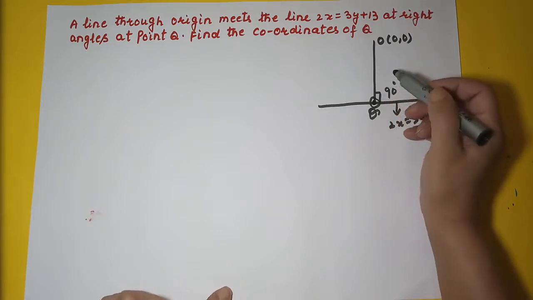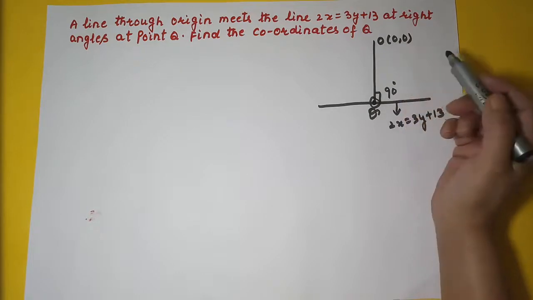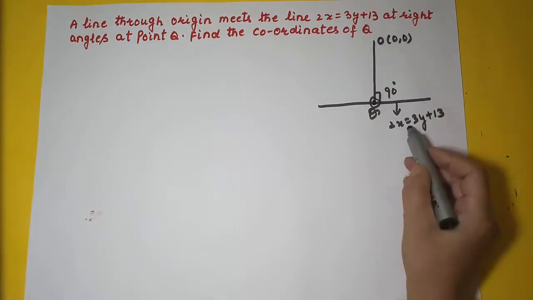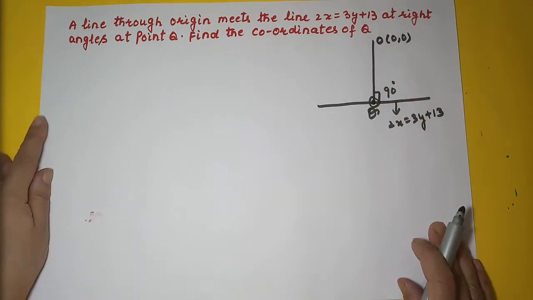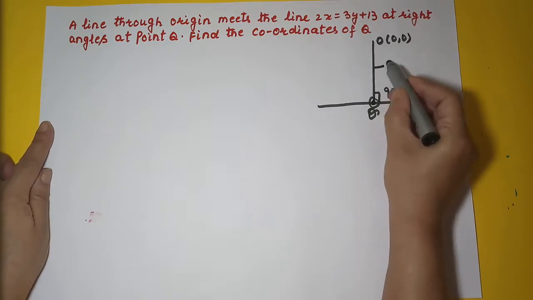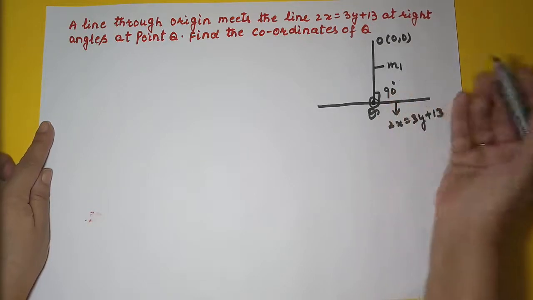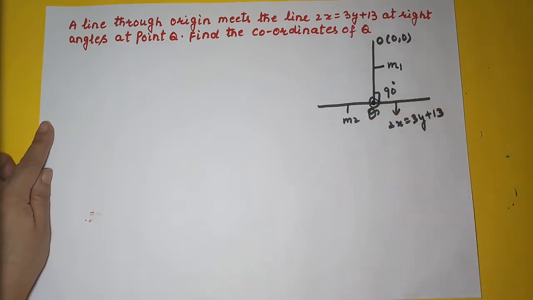So we can find the equation of this line. How? Point is given, but slope is not given. We can calculate the slope from this line. Then product of their slopes is -1. Then we can apply m1 into m2 equal to -1. We can find the slope of this line. Let the slope of this line be m1 and the slope of this line be m2.